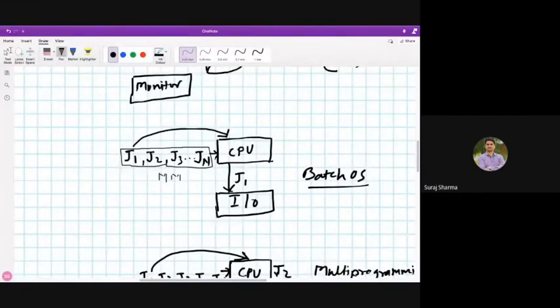So the jobs will be given to the CPU. Job 1 comes first, goes to the CPU, and the CPU executes this particular program or job. In between, if the job requires some IO device, the CPU gives control to the IO device, and in the CPU there will be no J1 or no program at all.